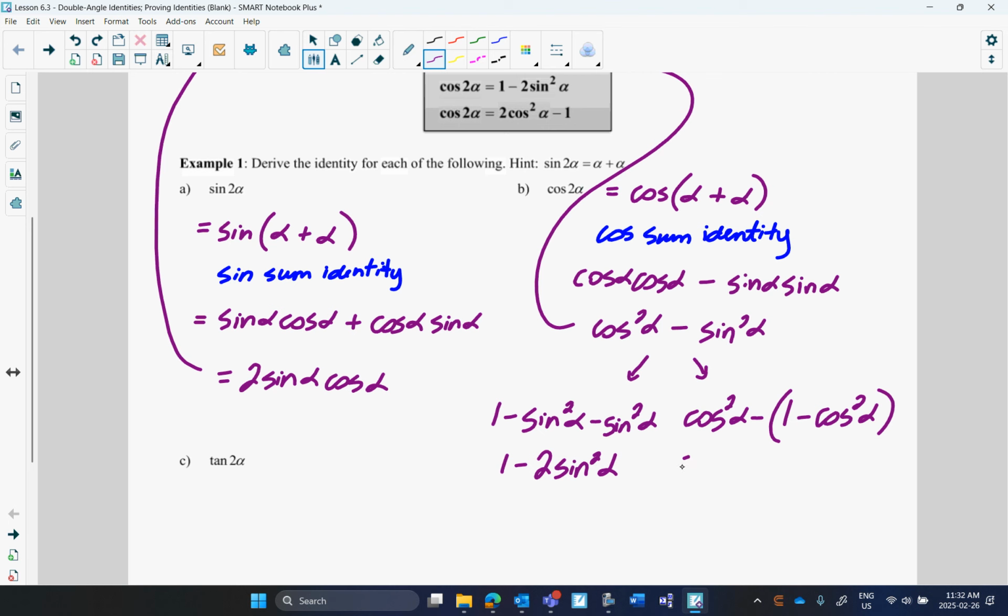So notice when we remove the parentheses, we get cos squared alpha minus 1 plus cos squared alpha again. And a cos squared alpha and another cos squared alpha is 2 cos squared alpha. And I have a minus 1. And I've just proved that one.